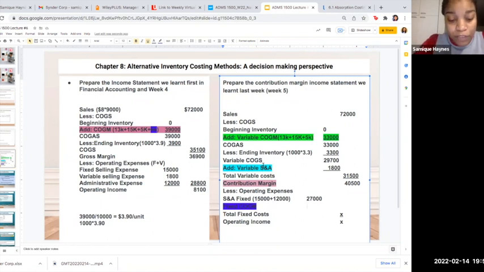So our fixed manufacturing overhead, according to this, is how much? How much is fixed overhead? The 6,000 that we didn't put in before. So 27,000 plus 6,000 tells us our total fixed cost, which is 33,000.